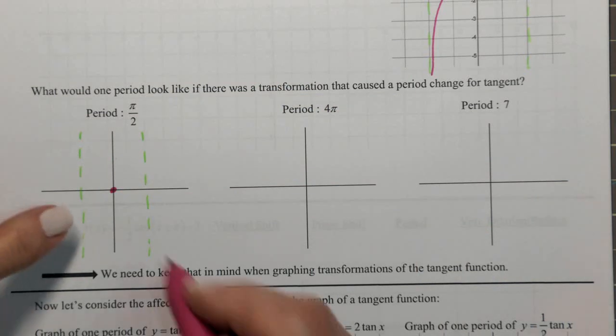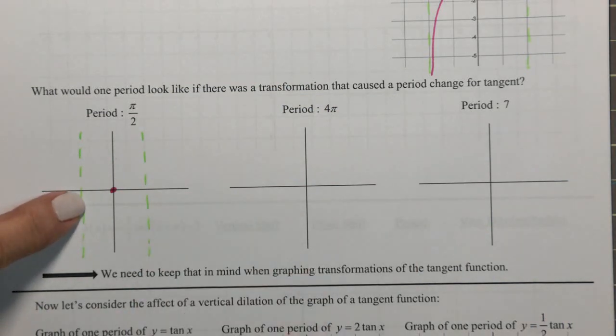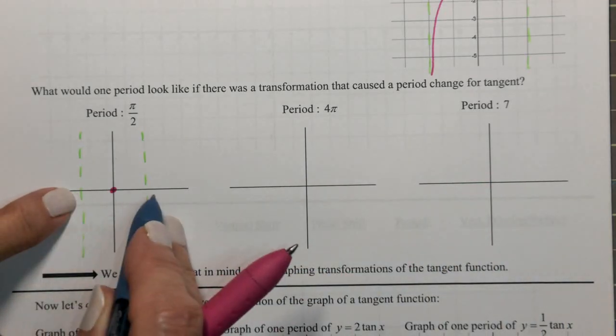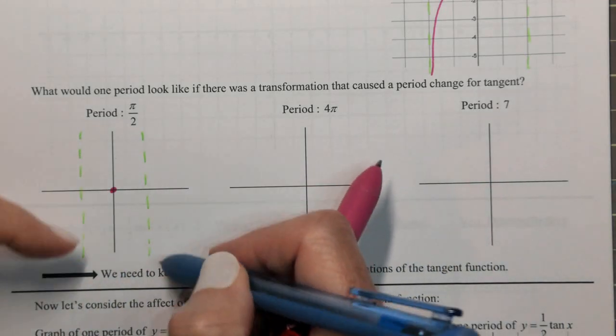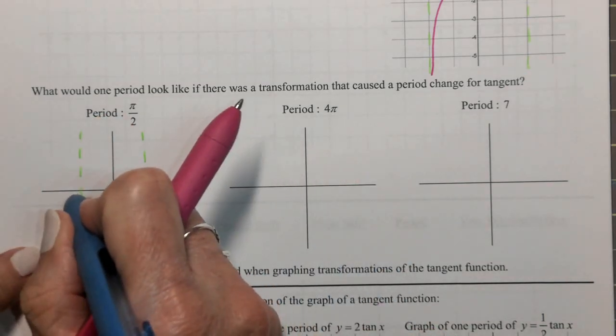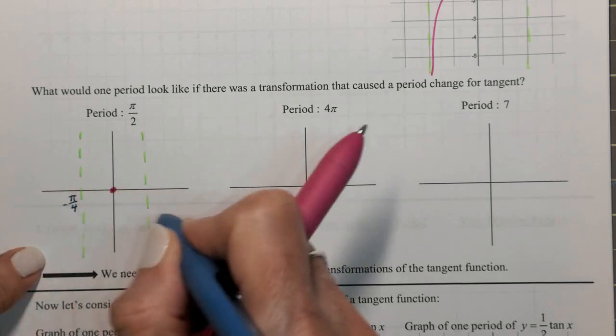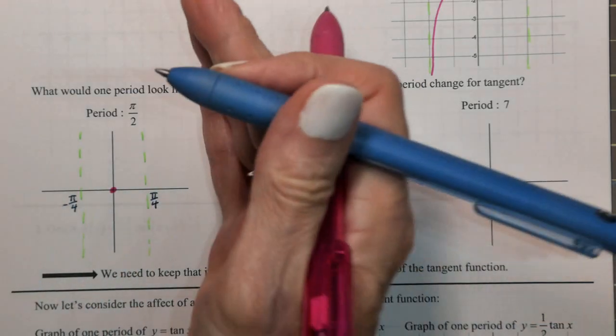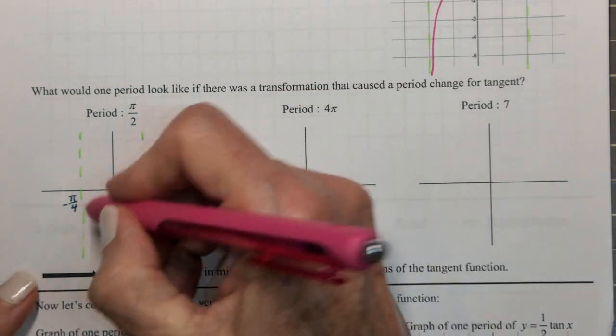But now, where would these asymptotes be? It's not going to be negative pi over 2 to pi over 2, because that would make the period pi, and we want the period to be pi over 2. This will be a negative pi over 4, and this will be a positive pi over 4. That makes the entire period pi over 2.